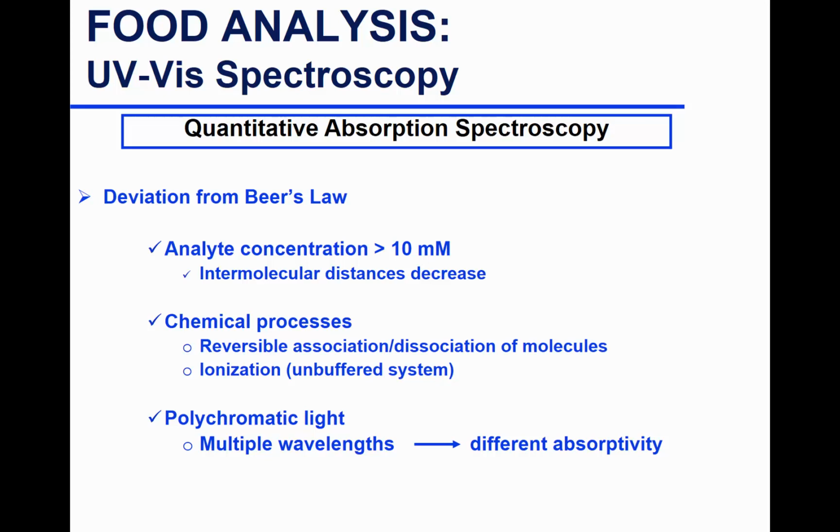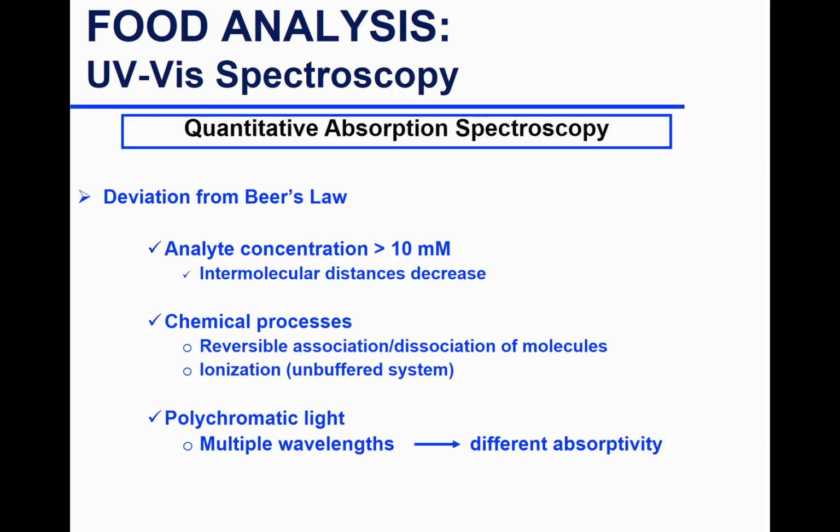Polychromatic light, by definition, means we do not have one wavelength. The light has not been filtered into one particular wavelength. You have multiple wavelengths hitting your sample, so you will have multiple absorptivities, and obviously the equation cannot be followed. You only have one absorptivity for Beer's law to apply.